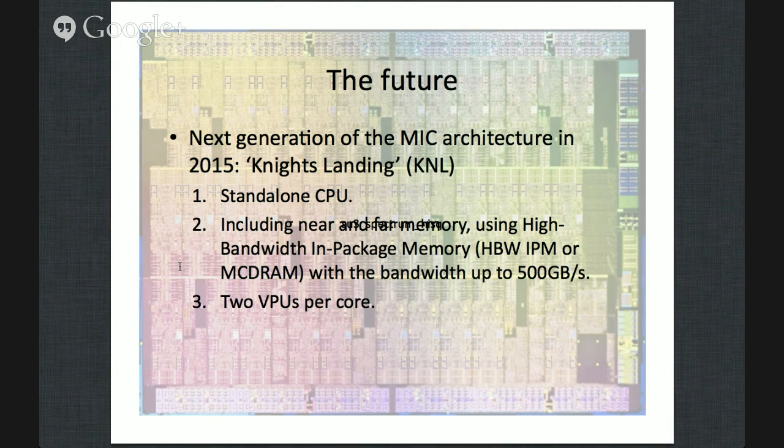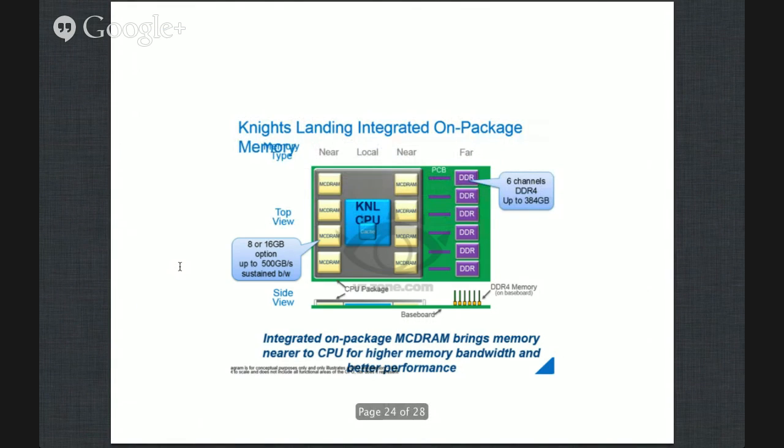And to show you, this is one of the images that I grabbed from a website. It's not from the Intel website, but it gives you an idea of what this card might look like. So it will have the near memory over here, and then the far memory will be connected with DDR4, I think.